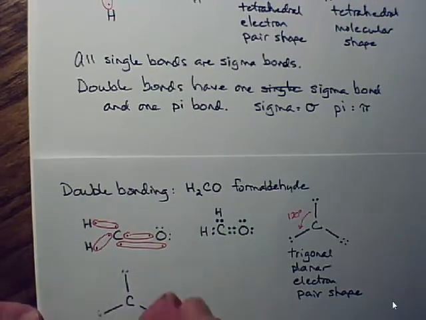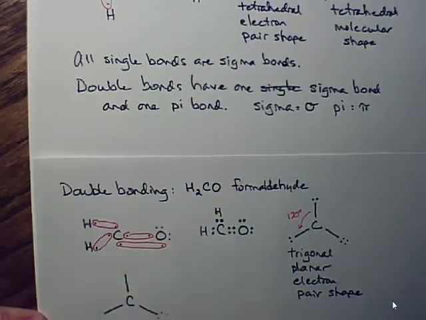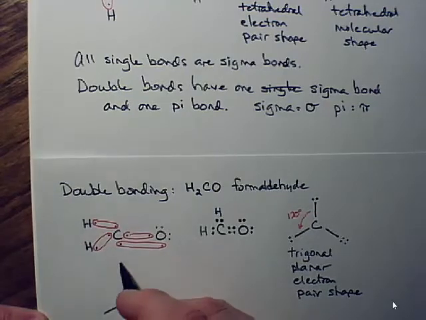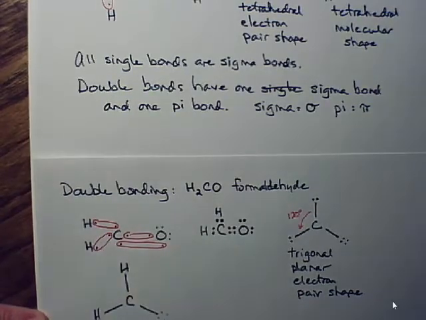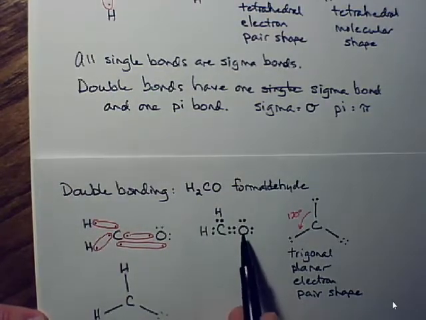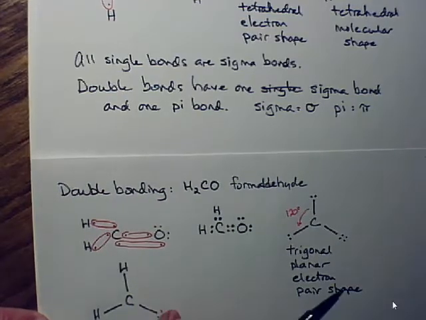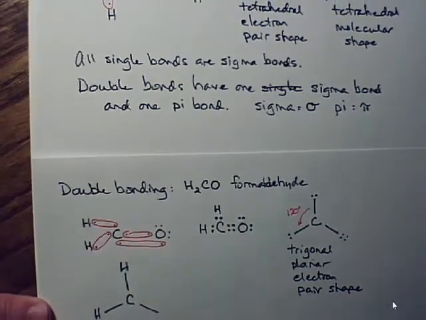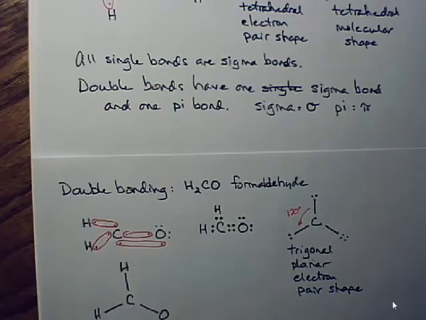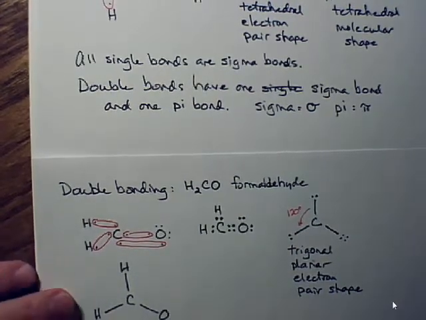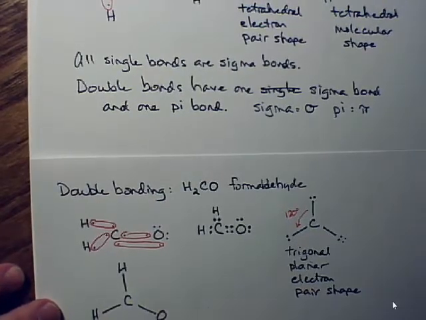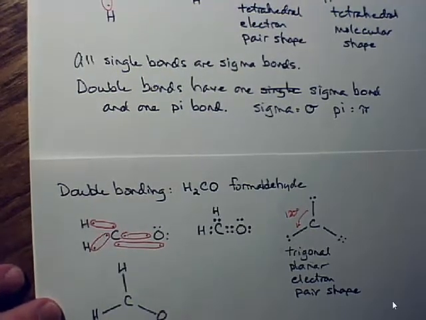So where I've got single sets of electrons, those are replaced with the hydrogens. Where I've got that double set, that's replaced with the symbol for oxygen. Okay. So formaldehyde then has a trigonal planar molecular shape.